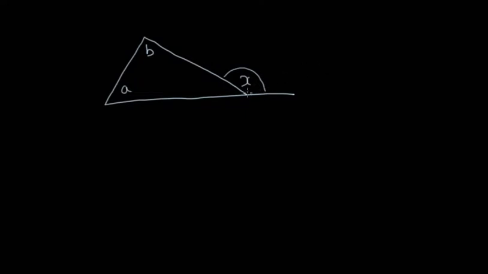Because if we think about it, 180 minus A minus B would equal whatever this angle is here. We'll call it C. And we know that C plus X equals 180. So A plus B must equal X.